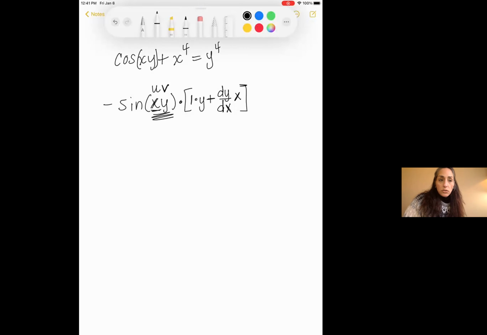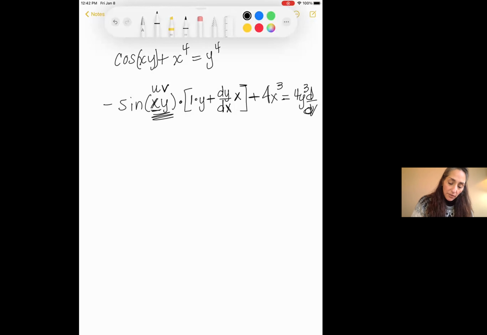Okay, so plus, and then this is going to be 4x to the third equals 4y to the third dy over dx.